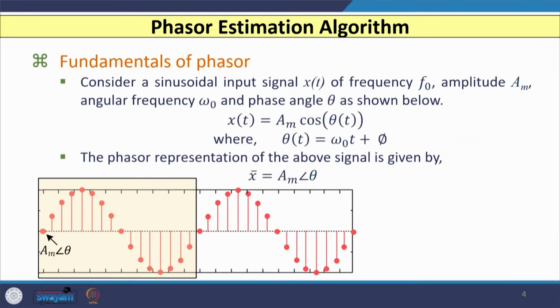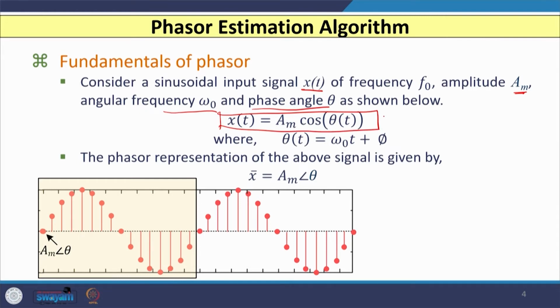Now, to understand the fundamentals of phasor, let us consider a signal x(t). This signal has a fundamental frequency f0, amplitude Am and angular frequency omega 0. It also has a phase angle theta. If this is the case, then this input signal x(t) is defined by this equation.